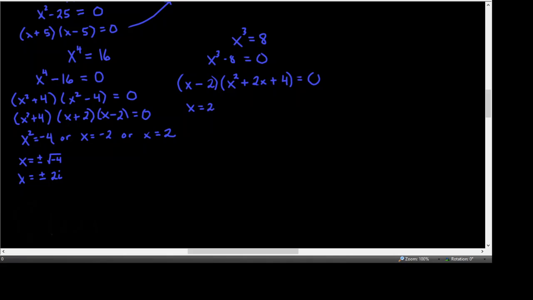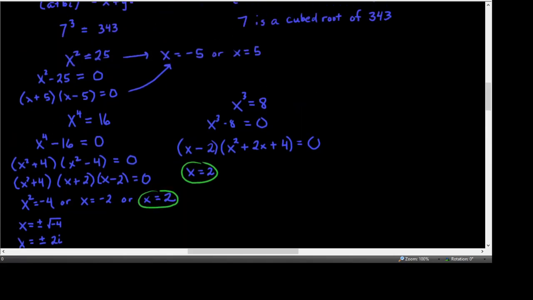And by the way, that one is called the principal root. It's the one you'd get on your calculator if you did cube root of 8. If you did the 4th root of 16, x equals 2 is the principal root. If you did the square root of 25, you'd get x equals 5.